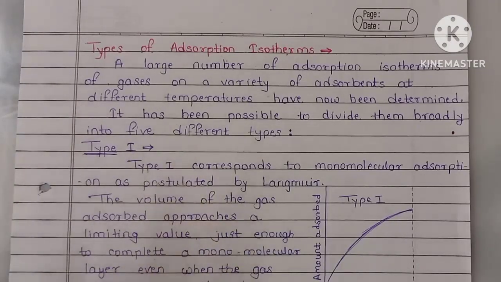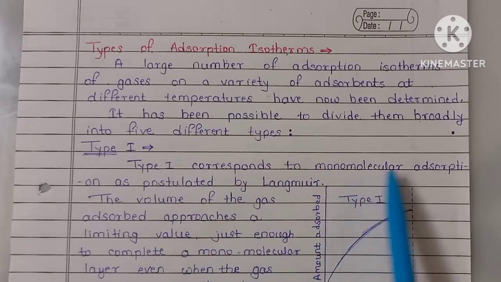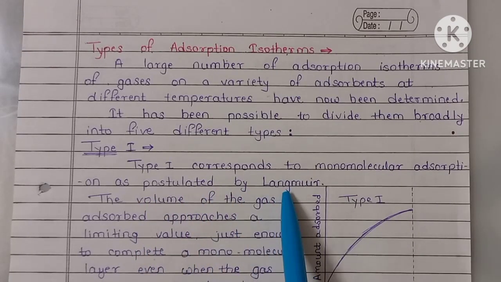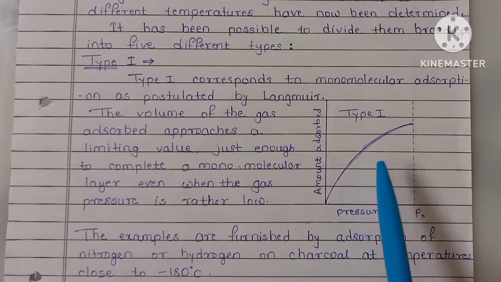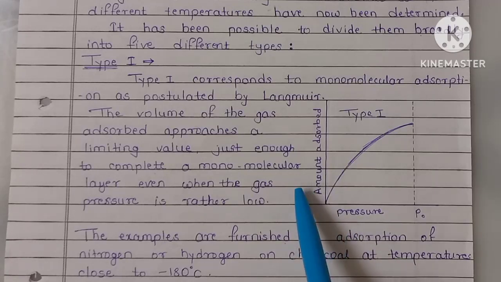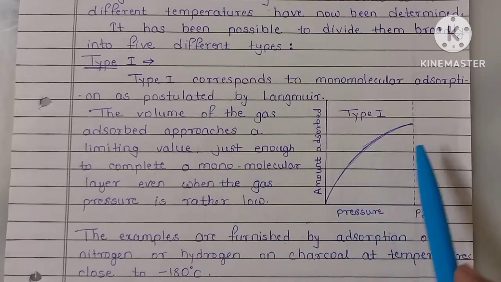So first, type 1 corresponds to monomolecular adsorption as postulated by Langmuir. According to Langmuir, the graph should be like this. Here we take pressure versus amount adsorbed, you can say theta also.